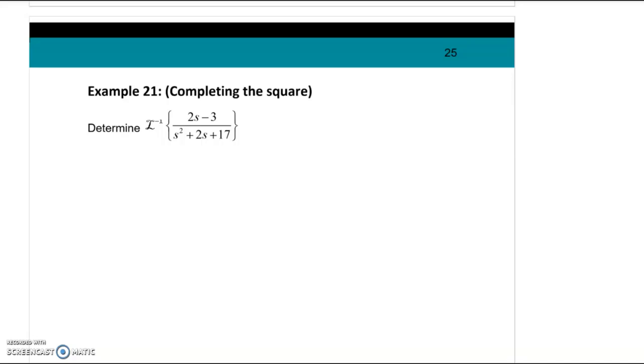Now the question is, why do we need completing the square in solving this problem? If we do completing the square, the fraction can be written in this form, plus or minus something, where the something is s plus or minus something.